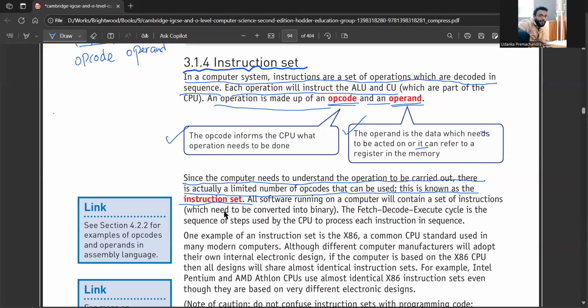All the software running in the computer will contain a set of instructions.